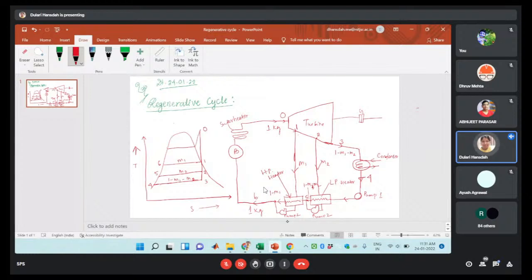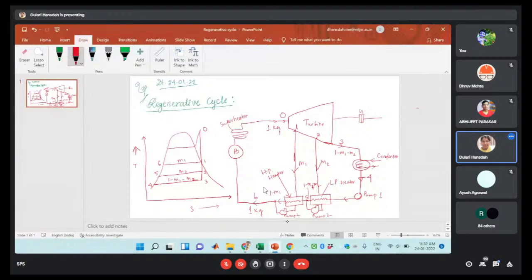So suppose we minimize the supply of coal and still get more cycle efficiency. In that case, you can also reduce the cost of the whole power output by decreasing the supply of coal, right?